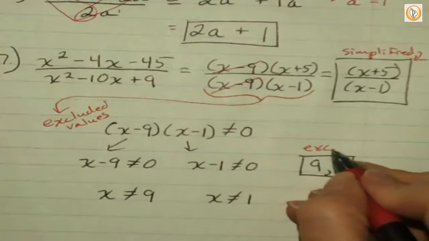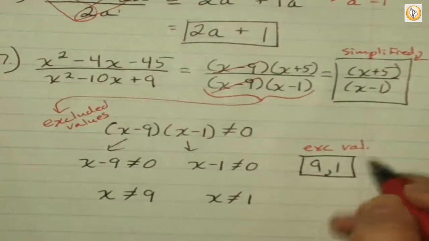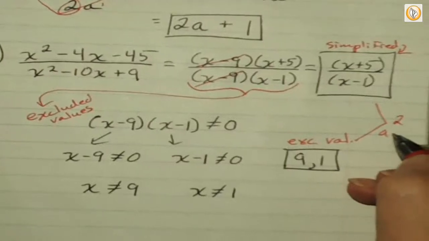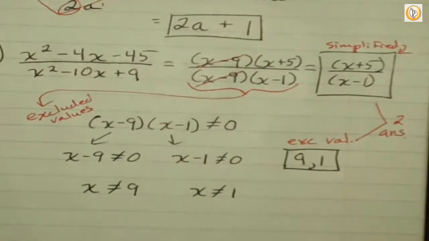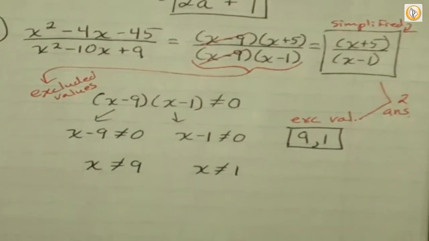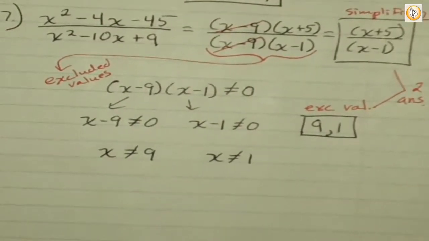So that's my excluded values. So we have 2 answers. Any questions about that? No questions? All right, let's do some more. When you're done writing this down, put your pencils down.